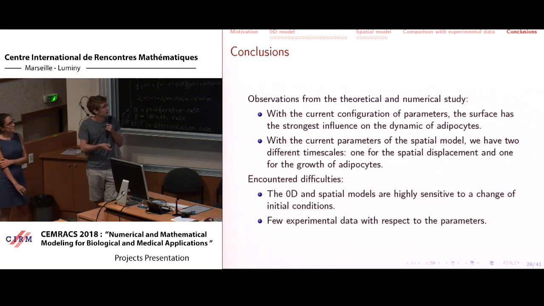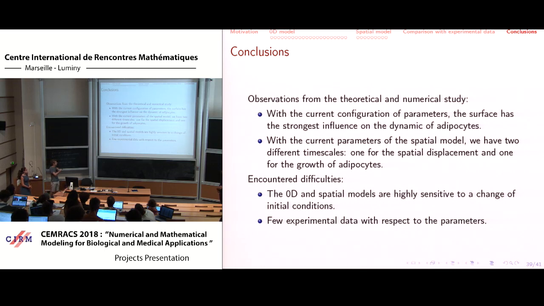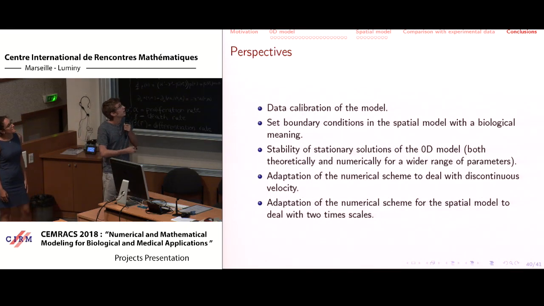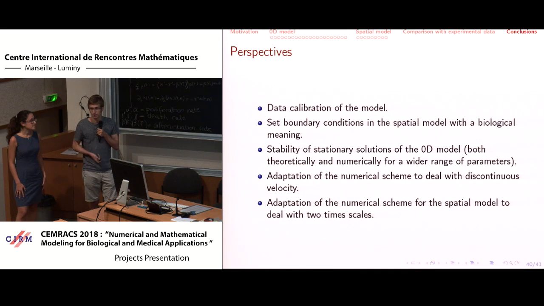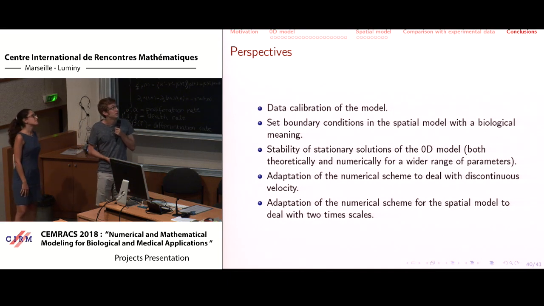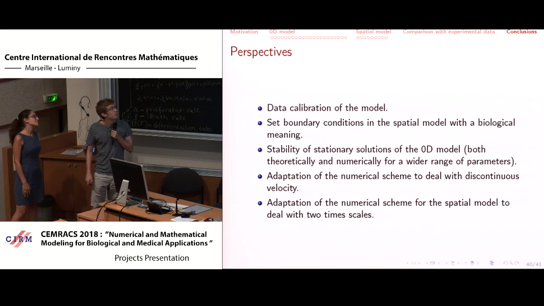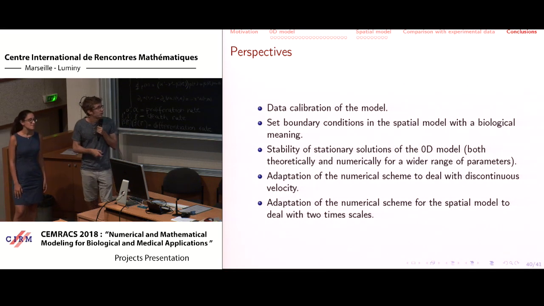We also encountered some difficulties, for example, as I said, choosing the initial condition. More generally, we have very few experimental data and too many parameters with respect to the experimental data. Therefore, a future perspective could be to collect more data to better fit the parameters and initial conditions, and also set more biologically relevant boundary conditions for the pressure, for example.